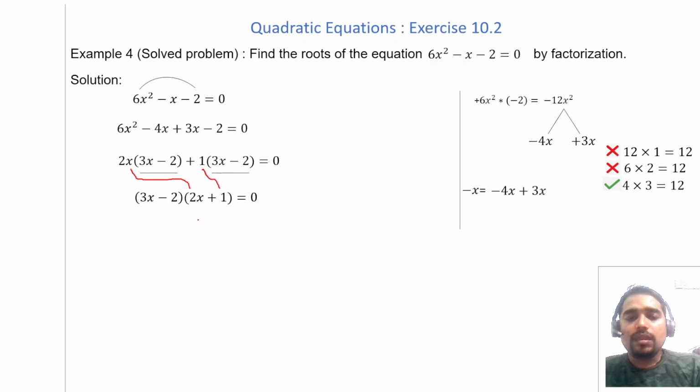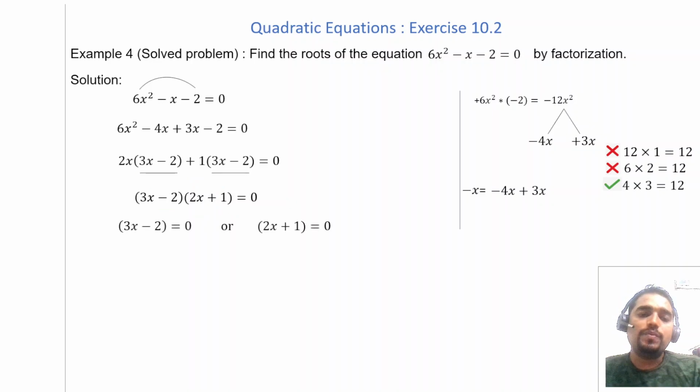Now we see that the multiplication of two terms is equal to 0. So the multiplication equals 0, which means either the first term equals 0, that is 3x minus 2 is equal to 0, or 2x plus 1 is equal to 0. To simplify, open both the brackets, since there is nothing getting multiplied to both the terms.